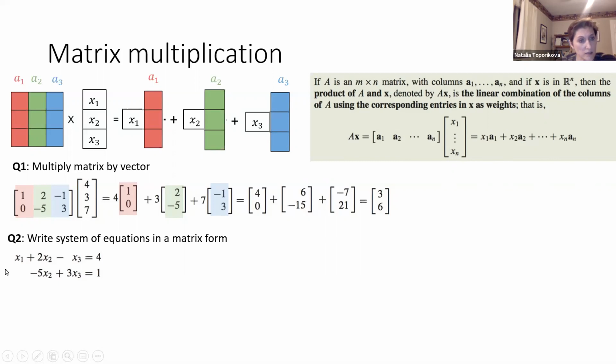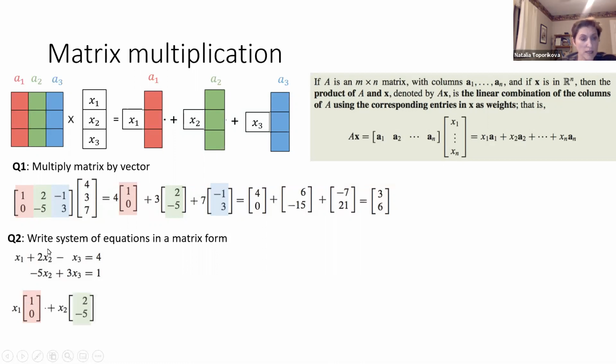Here is a system of linear equations, 2 equations with 3 variables. Let's try to write it down in matrix form. We start by isolating the weight for the vector, x1.